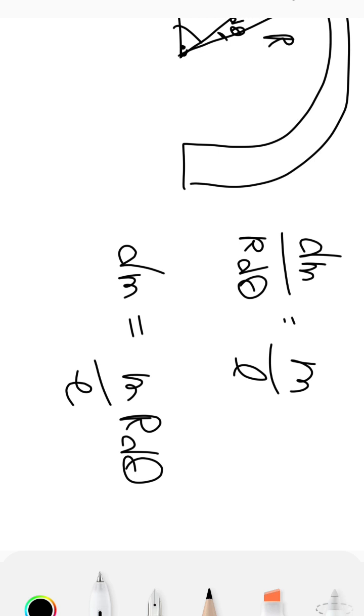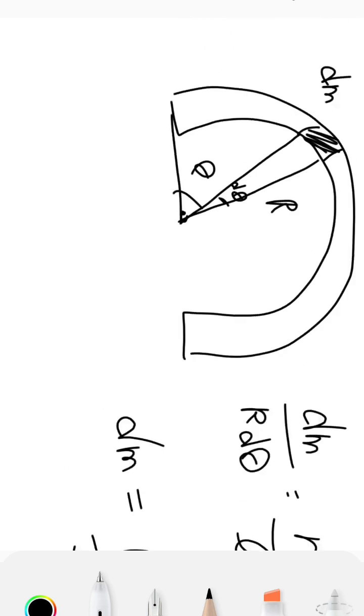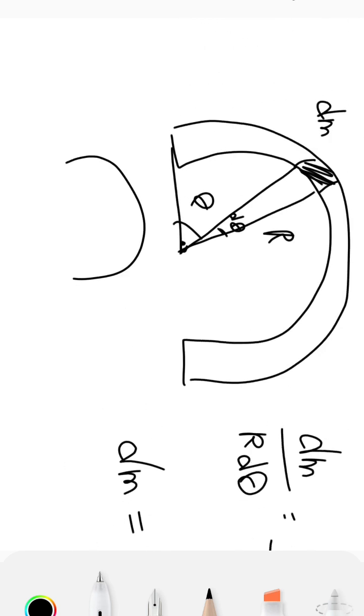Now we don't know the value of r, but we know that this ring was of length l, and since it is a semicircular ring, we know that pi r is nothing but l. So from this equation r is equal to l by pi.